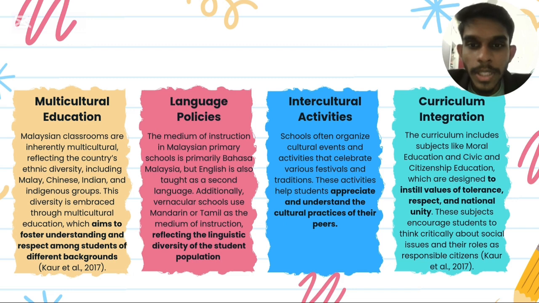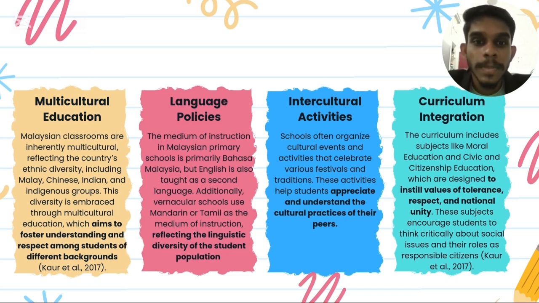Malaysian classrooms are inherently multicultural, reflecting the country's ethnic diversity including Malay, Chinese, Indian, and indigenous groups, which are Kadazan, Iban, and Murut. This diversity is embraced through multicultural education, which aims to foster understanding and respect among students of different backgrounds.